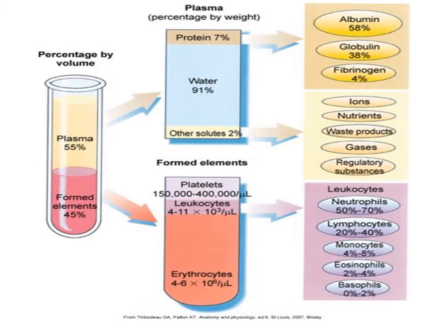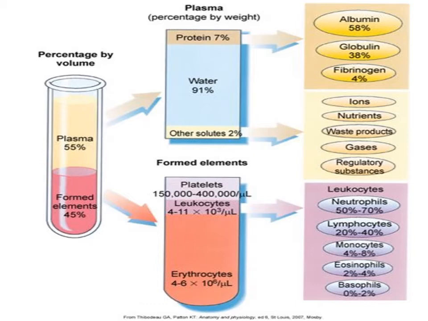So platelets, 150,000 to 400,000. Leukocytes, typically at Ameritech we use 5 to 10,000 as a range. And erythrocytes, typically 4 to 6 million.